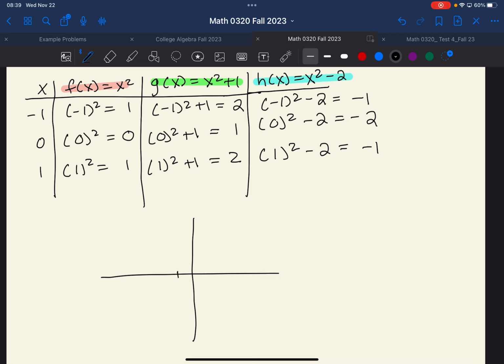Then I have 0, 0. And then I have 1, 1. I plotted that first one in the wrong direction. Okay, so that's my parent function.